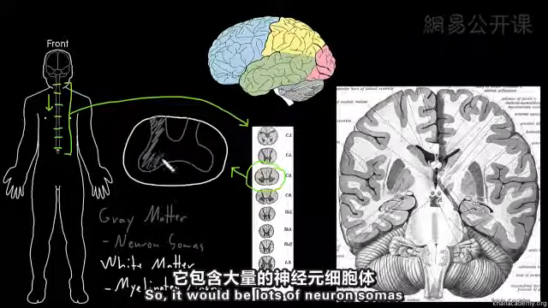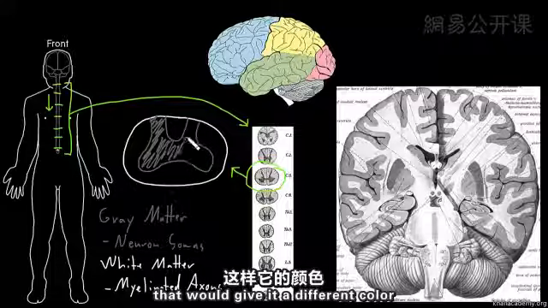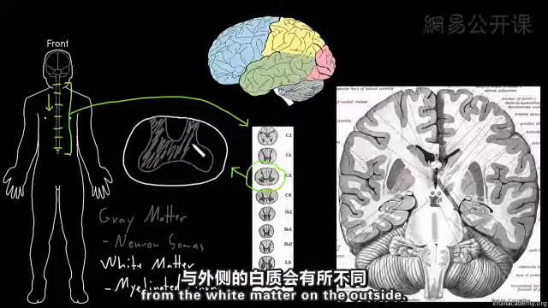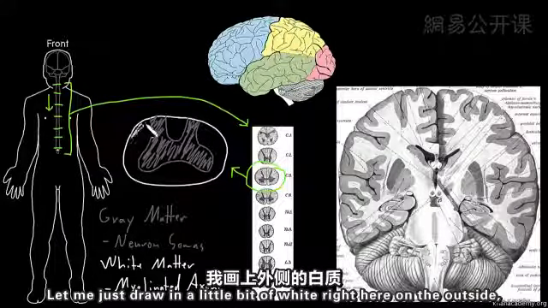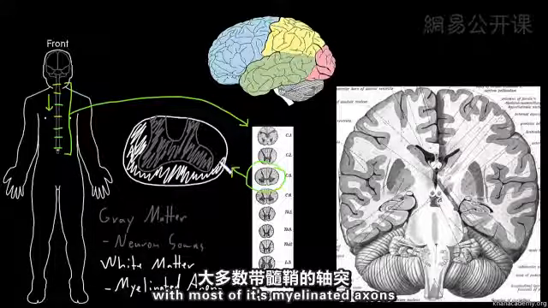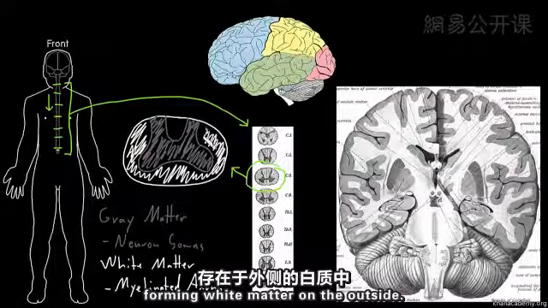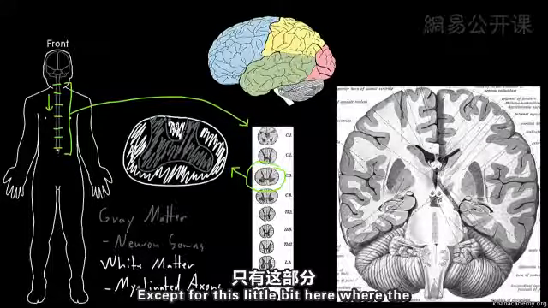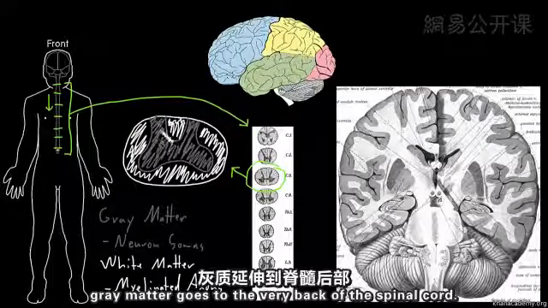So it'd be lots of neuron somas that would give it a different color from the white matter on the outside. And let me just draw in a little bit of white here on the outside because that's how the spinal cord is set up, with most of its myelinated axons forming white matter on the outside, except for this little bit here where the gray matter goes to the very back of the spinal cord.